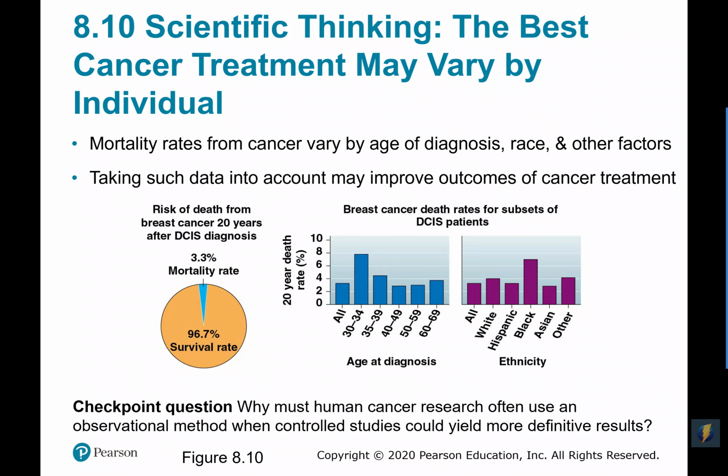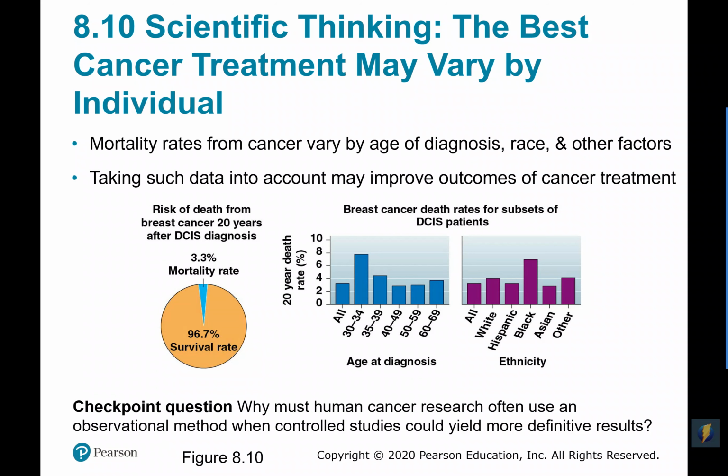So I have a question actually for you guys. Most cancer research uses observational methods, right? But when we're trying to see if a particular medication works, right? That's what we're doing now with even developing COVID vaccines, right? We use observational studies, right?